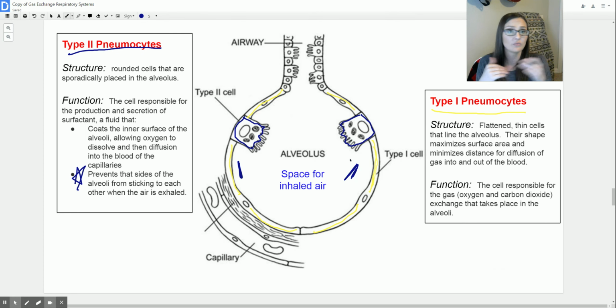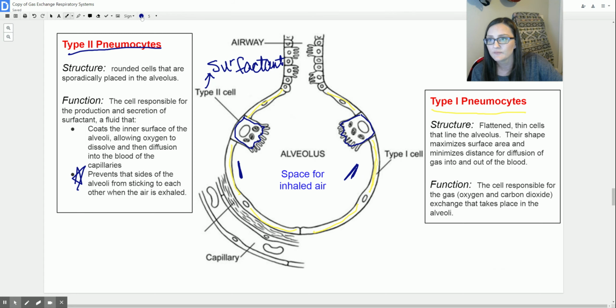It could rip or cause some sort of abnormality or tear, and you could get an infection. There's all kinds of bad stuff that could happen there. So type 2 equals surfactant. That was one of the areas that I covered on my released items that I gave to you. So type 2 is surfactant.